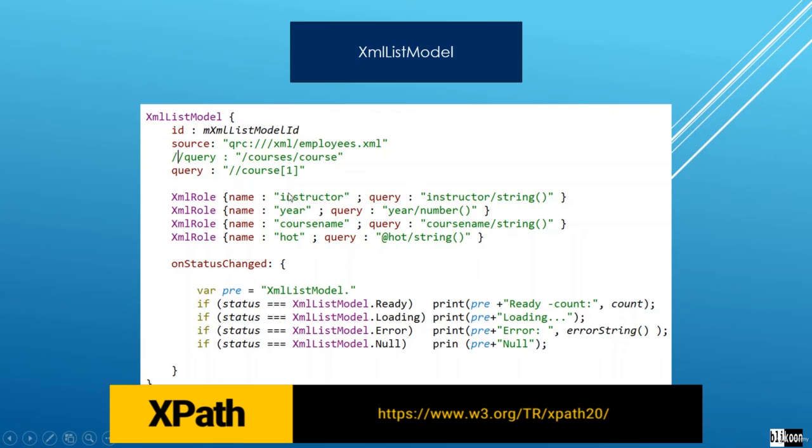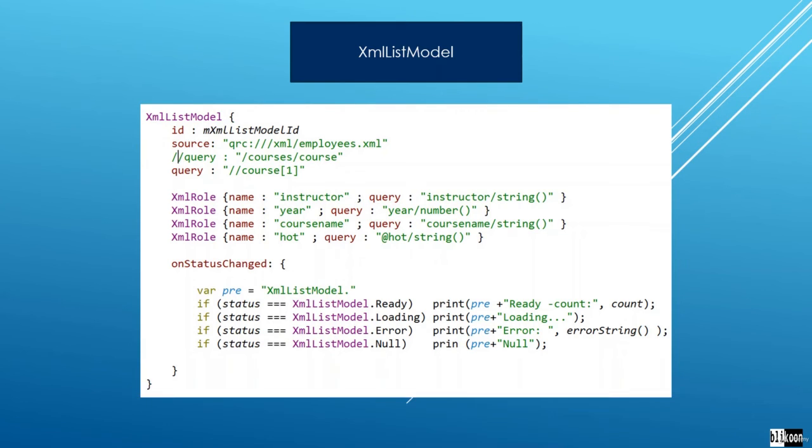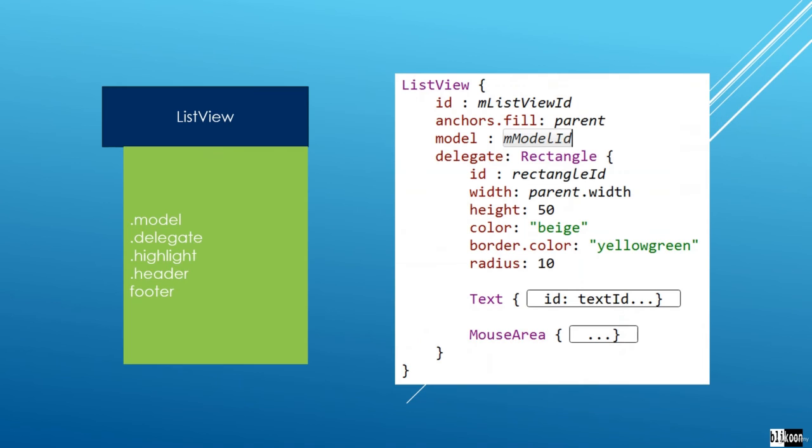And you can use XPath. This is a technology that allows you to parse an XML file and take the data that you want from that file. We're going to see how this works. A takeaway from here is that this model wraps around an XML file and allows you to extract data from there automatically and feed that to your list view or grid view if you happen to need that.